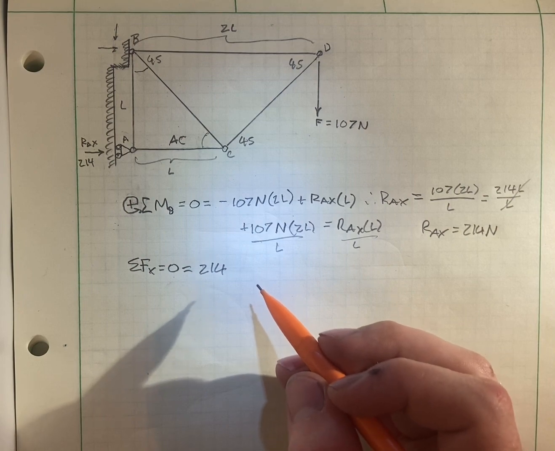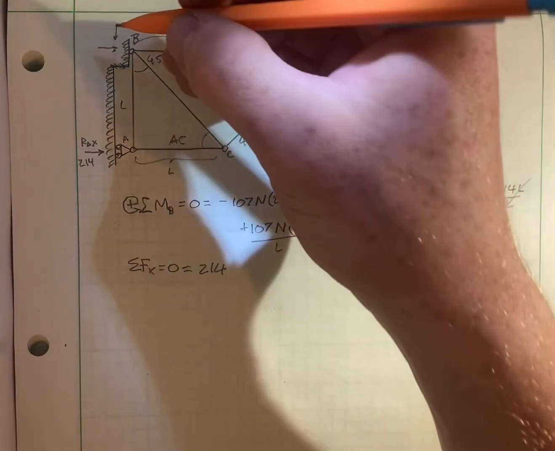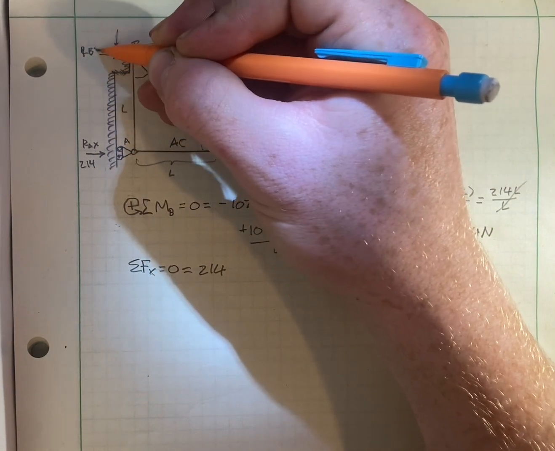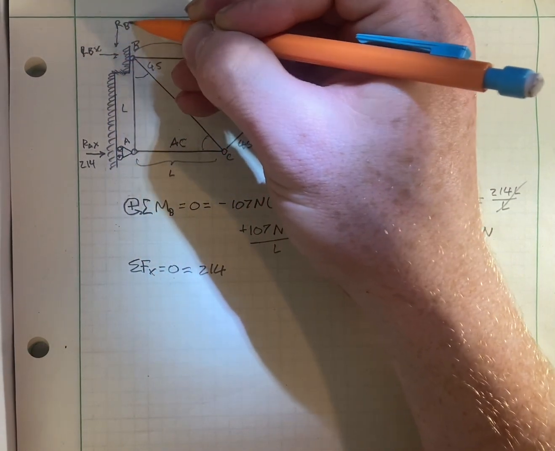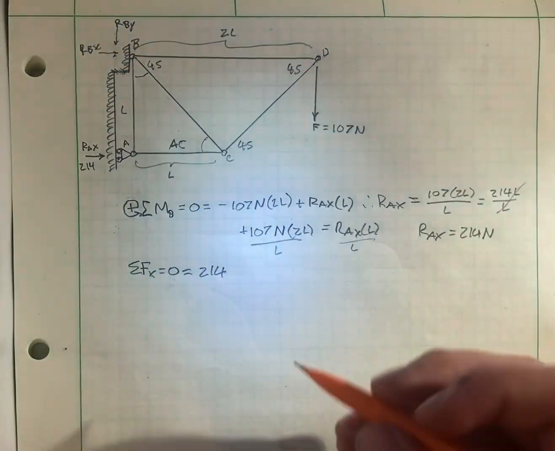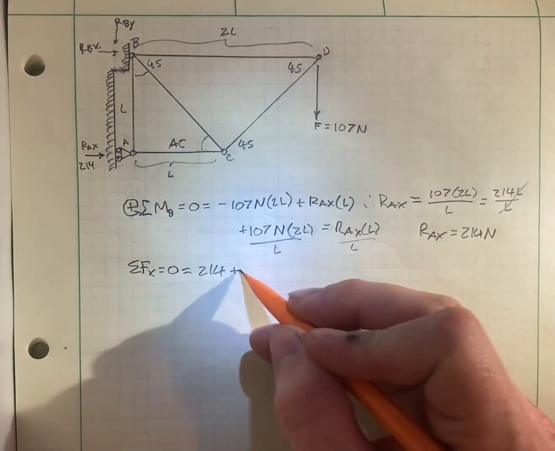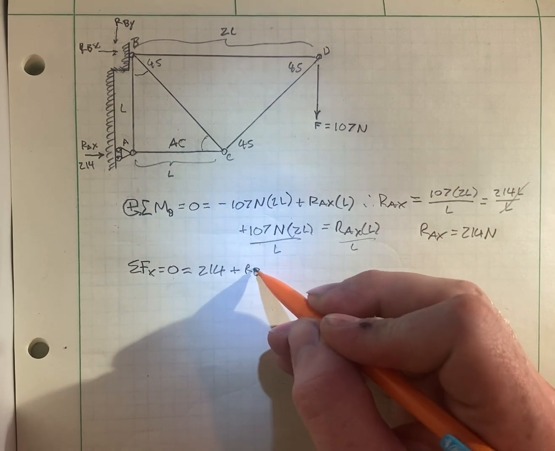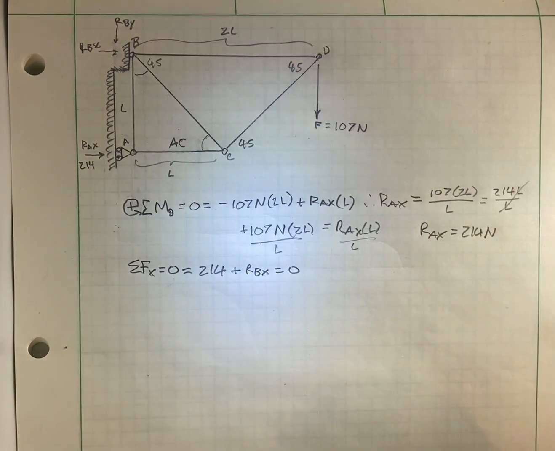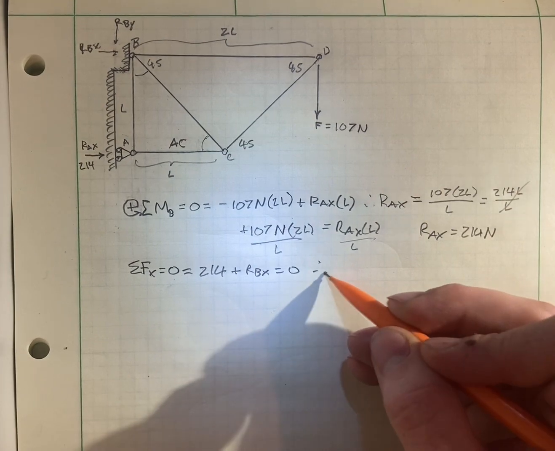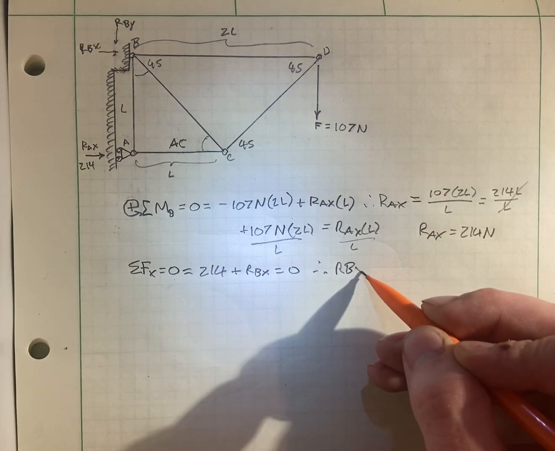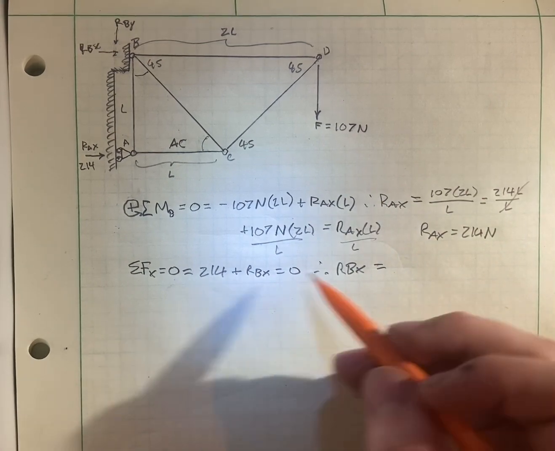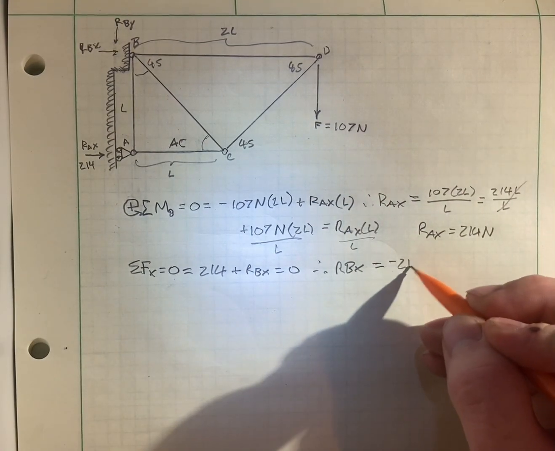And then we have another force up here, RBX and RBY up here. And RBX, I drew it in the positive direction, so it's going to be plus RBX, that equals 0. We can solve for RBX, and that equals negative 214, right?